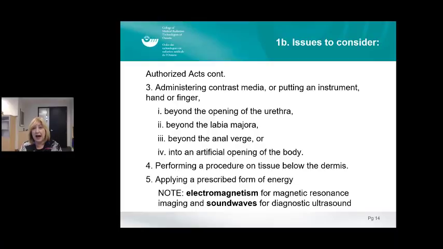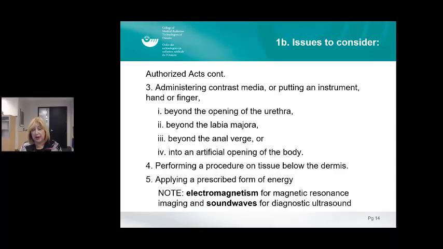So of course, one of the things that we want to consider is, suppose we had someone who wanted to do brain surgery, and they're saying, so what's stopping me from doing brain surgery because I have this authorized act of performing a procedure on tissue below the dermis?